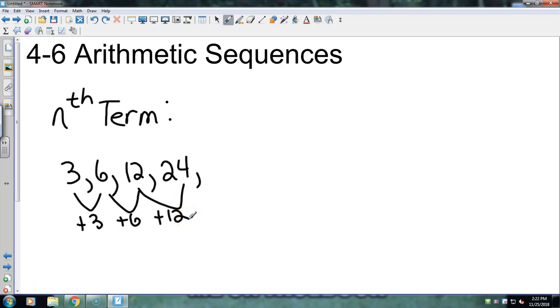So we're doubling each time. The next one is going to be up 24, and then the next one up 48, so that's 48, and then 96. We could keep going on that, so we can find the 4th, 5th, 6th, 7th term.